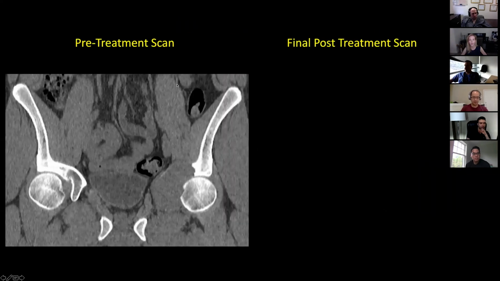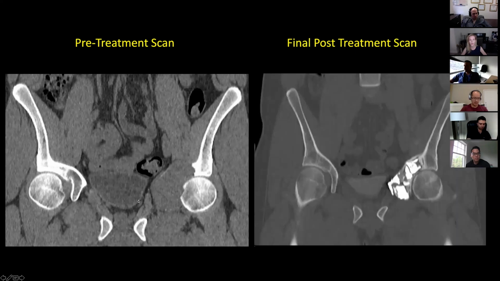This is what it looked like when I started, and this is how it looked when I got done with him. So we really gave him an acetabulum of cement, but I draw your attention to these areas. These are actual bone that has formed. Again, I really don't know what this is, but I am seeing this in my patients, not frequently, but I am seeing it.